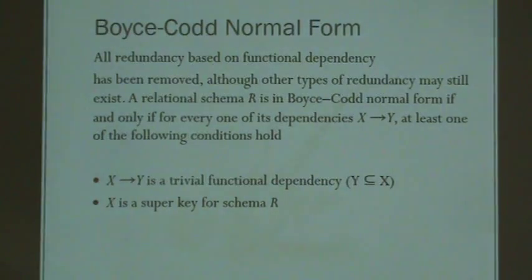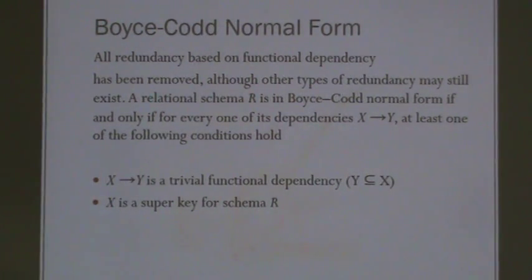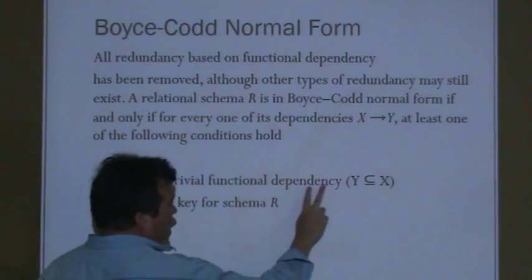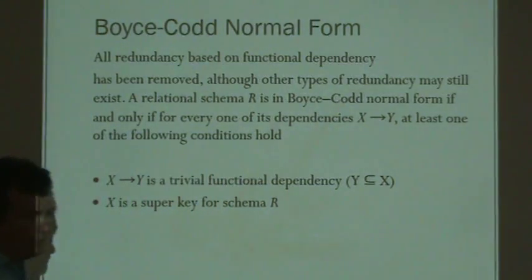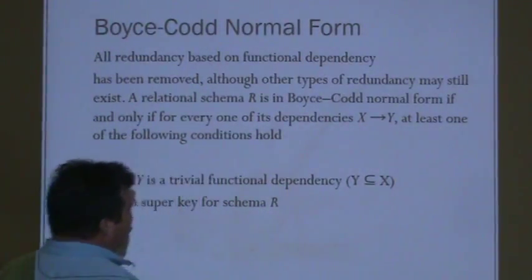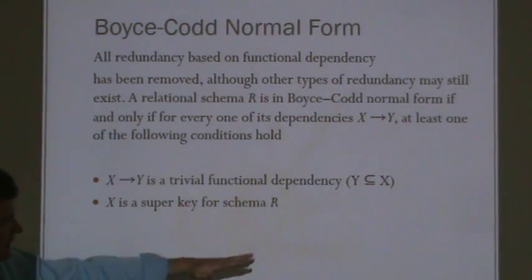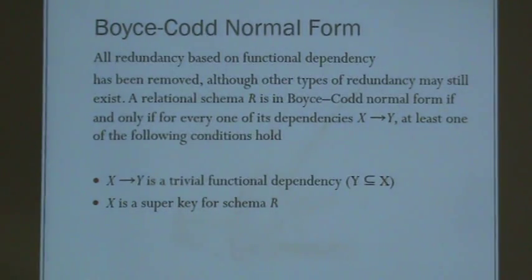The relational schema R is in Boyce-Codd normal form if and only if, for every dependency where X gives you Y, at least one of the following conditions holds. X gives you Y is a trivial dependency, like we had before with third normal form, so Y is just a subset of the fields in X. Or X is a super key of the entire relationship.